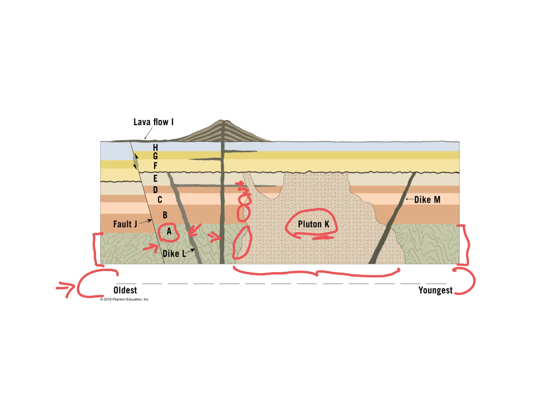Basically, all of these other layers, A, B, C, D, and E, had to have been there already, or they couldn't have been cut. They had to have been there in order for Pluton K to cut through them. So this means that A is our oldest layer.